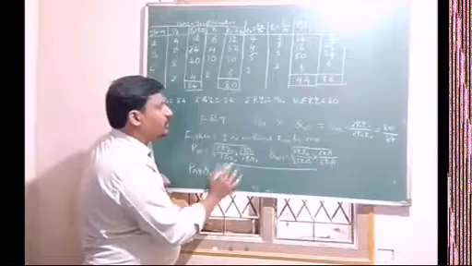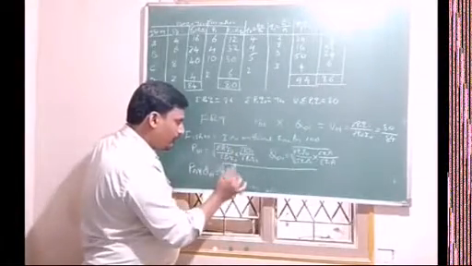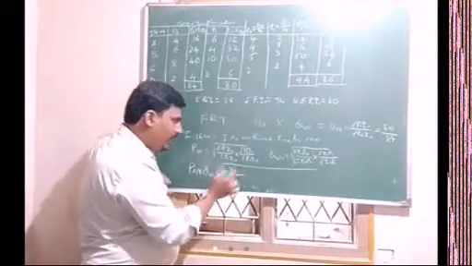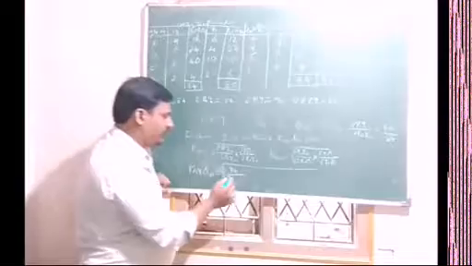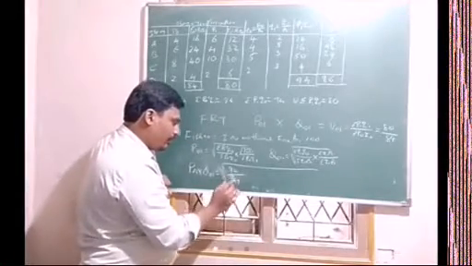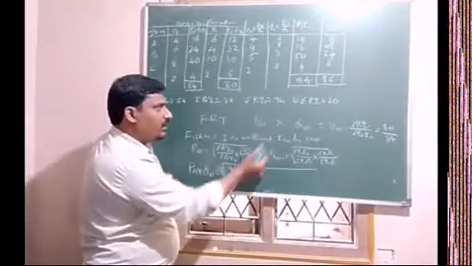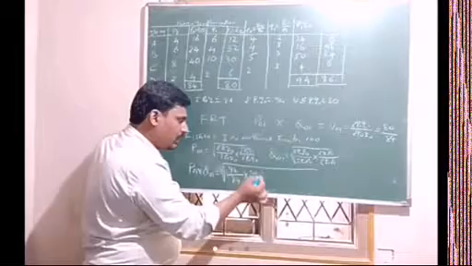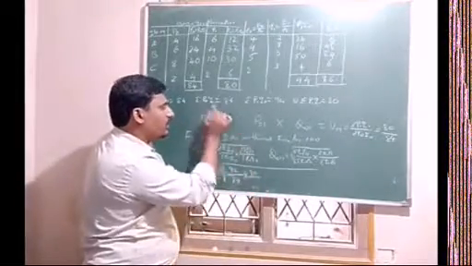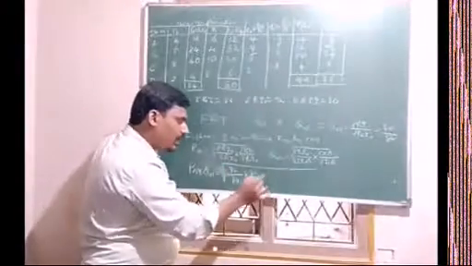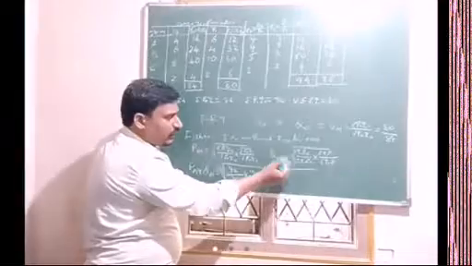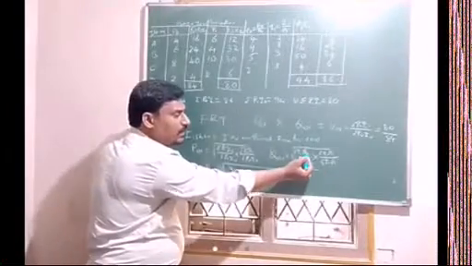Summation P1 Q0 is 94, divided by P0 Q0 which is 84, into P1 Q1 which is 80, divided by P0 Q1 which is 86, into summation Q1 P0.